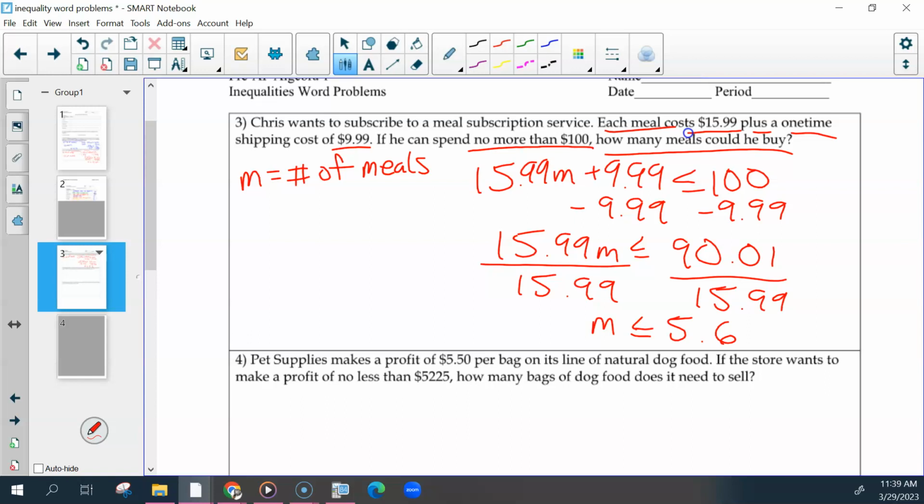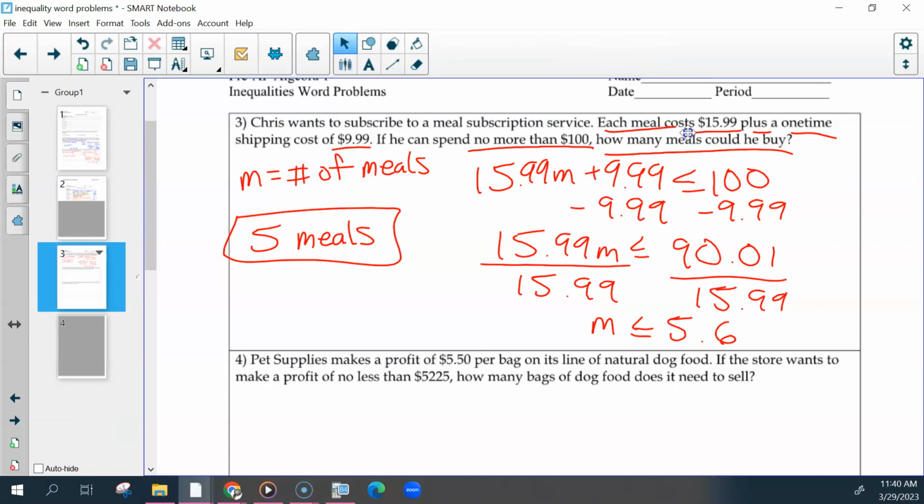But 6 would be too much because we would go over this number. So we have to round down to 5. Questions on your word problems?